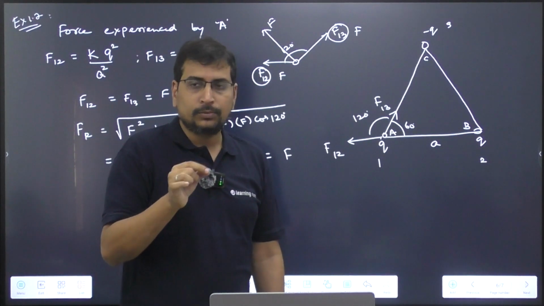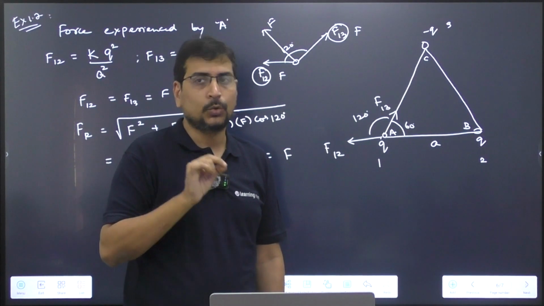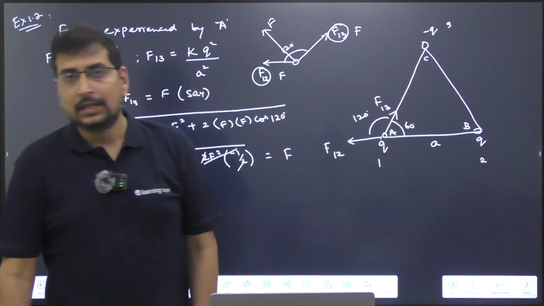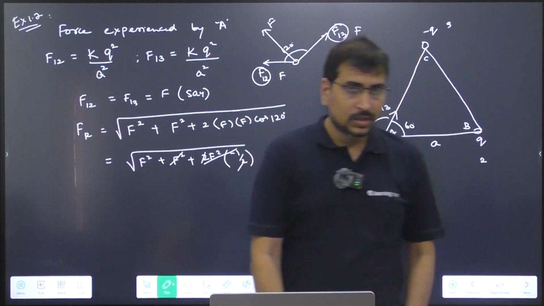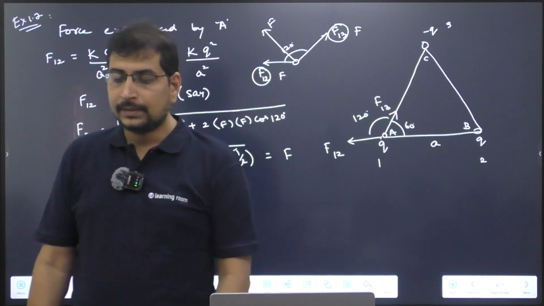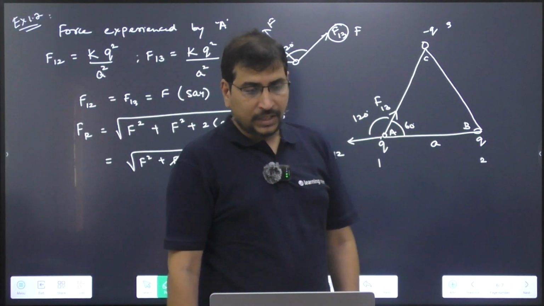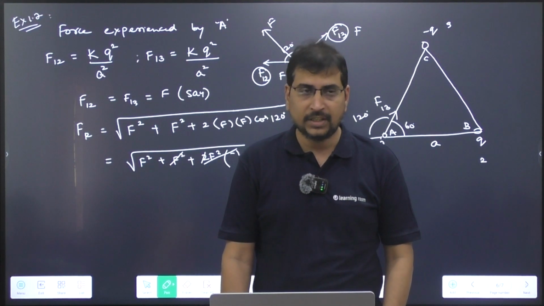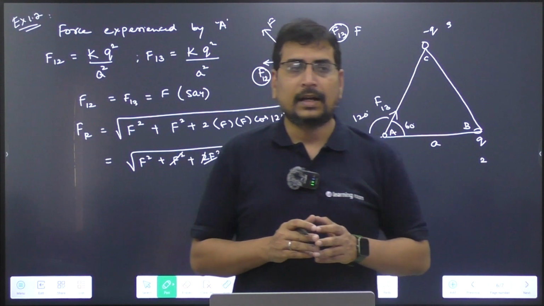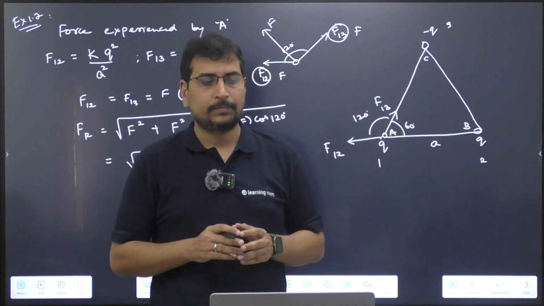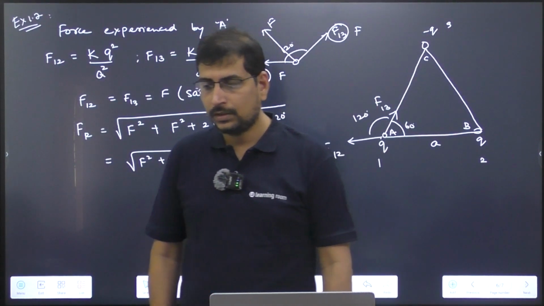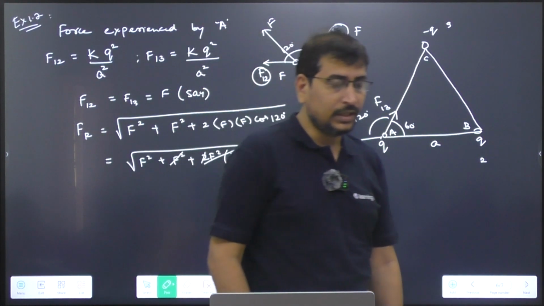Whenever two vectors are of equal magnitude, then the resultant will always be an angular bisector of the vectors for which we are finding the output.